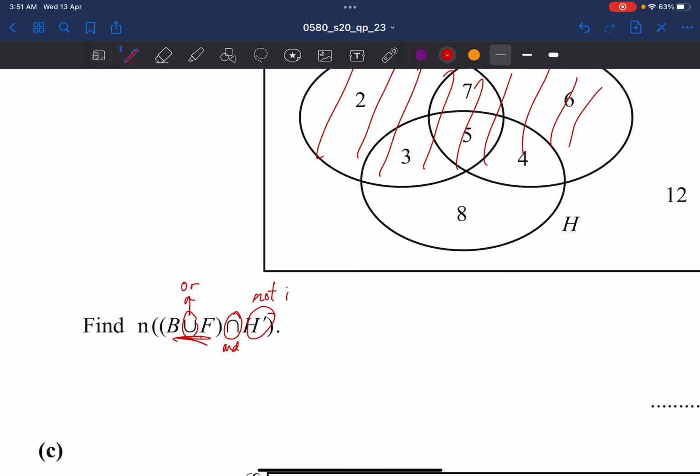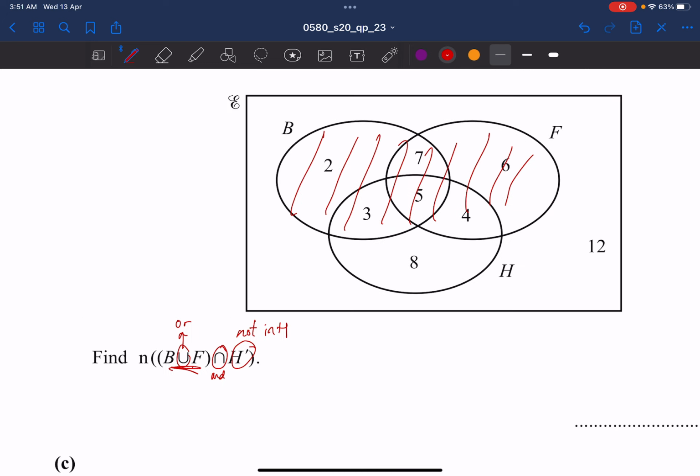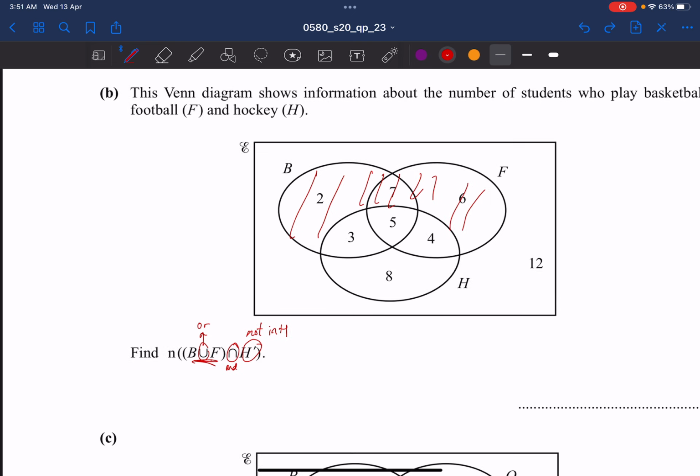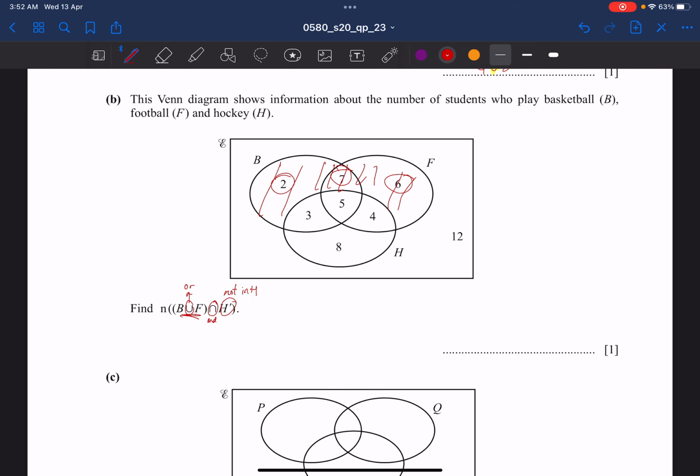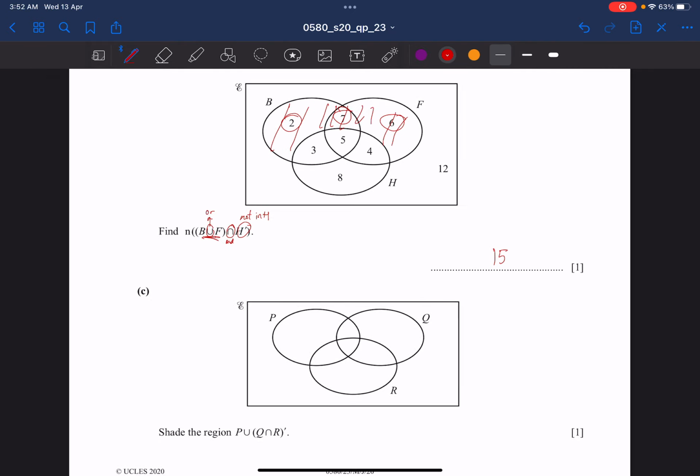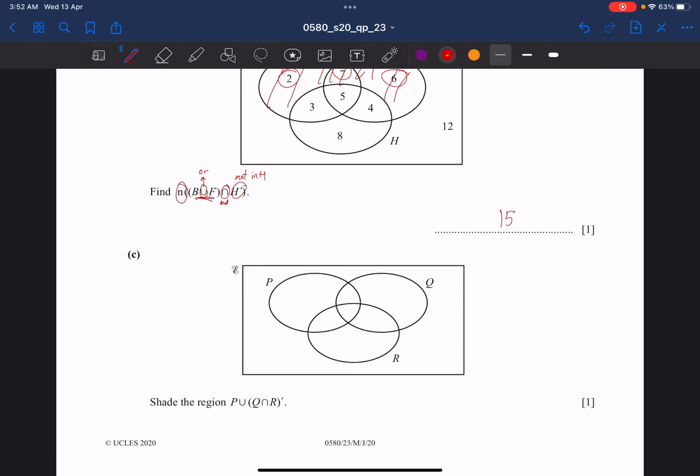H complement means not in H. So not in H means what? Here, okay? Not in H, right? So add these three numbers up, 2 plus 7 plus 6, so it's 15. This is the number, right?